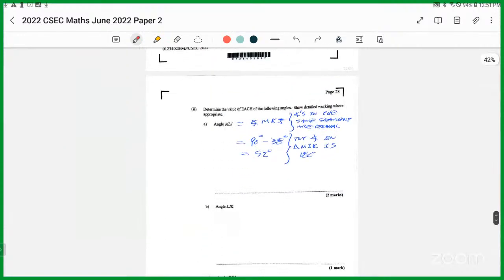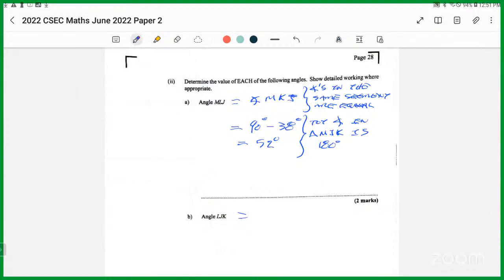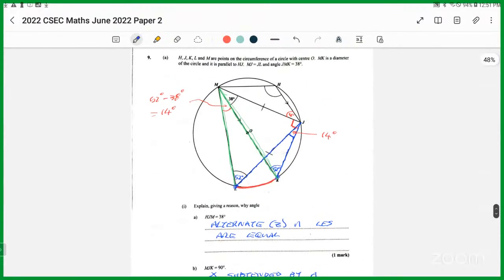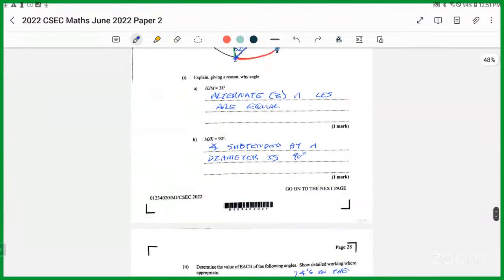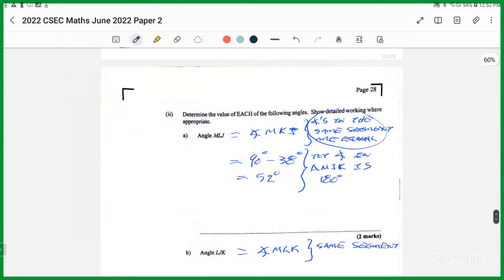So we can say this angle that I want down here is actually equal to the angle over there. It is angle LMK, same segment again, angle MLK, because angles in the same segment are equal.